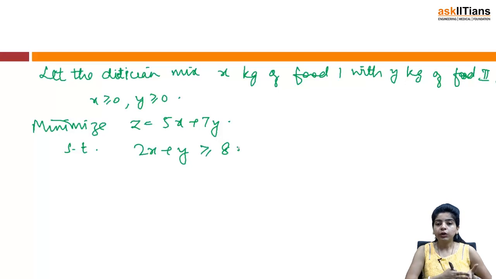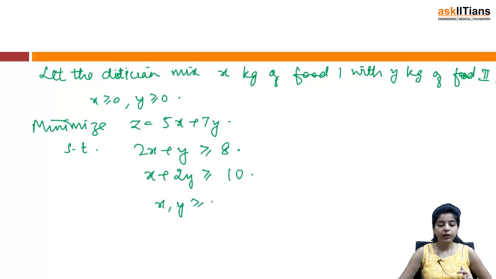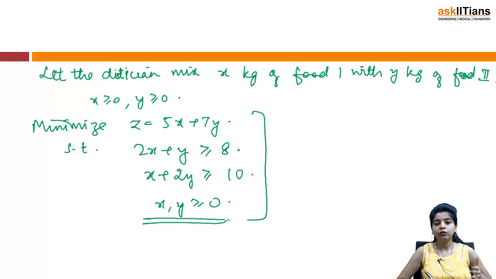Minimum of 8 means it should be greater than or equal to 8. So these signs are very important, whether it should be less than or equal to, or greater than or equal to. Similarly, you will have x plus 2y greater than or equal to 10, and then x, y greater than or equal to 0. So this is the mathematical formulation that you are required to form.